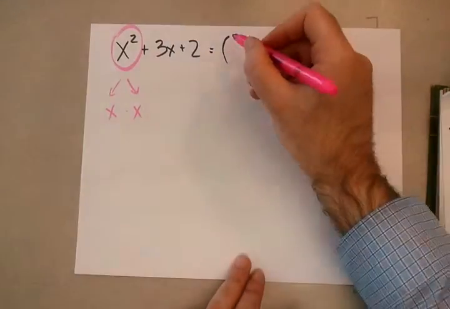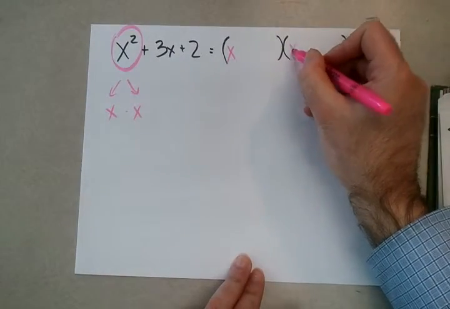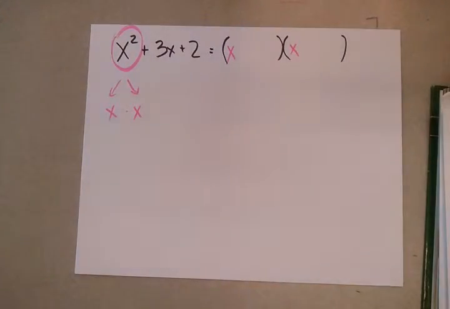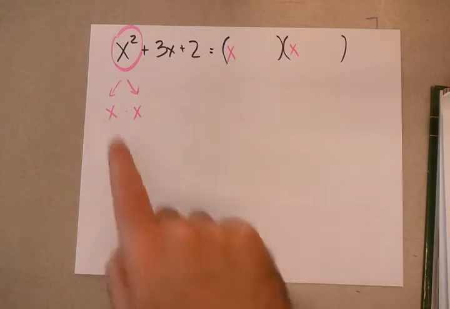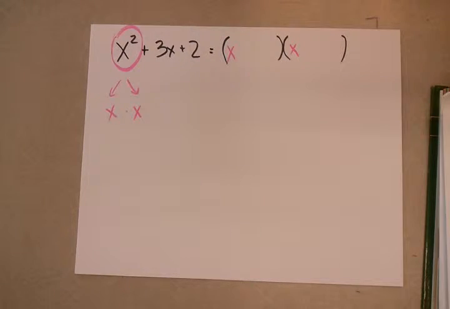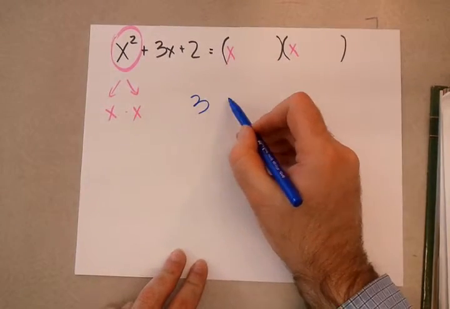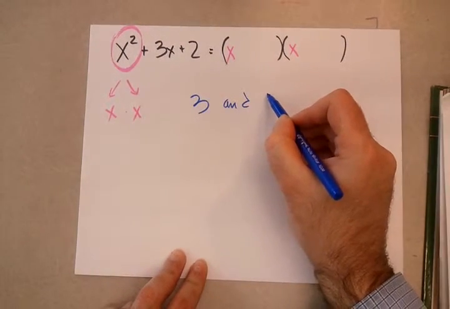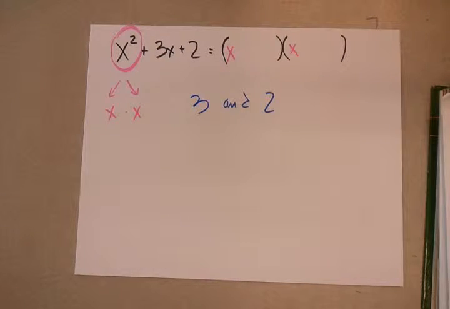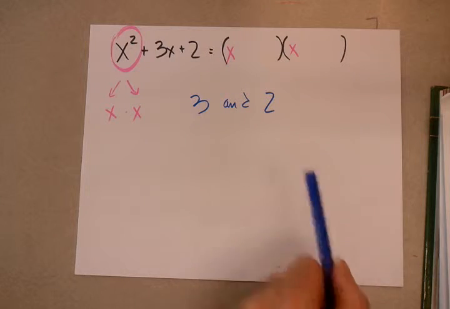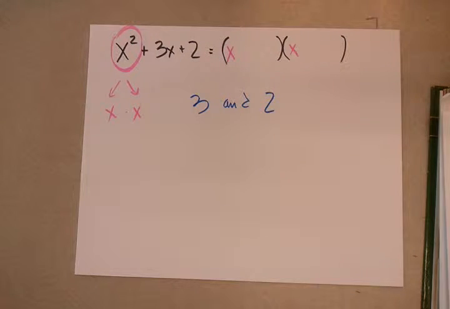Terrific. So right over here, I'm going to write x and x in the first position of the FOIL method. It makes sense: if x times x gives you x squared, that should be your answer. Now we're going to look at the other two numbers, 3 and 2. For the second half of the factoring problem, you're going to come up with two numbers that add up to 3 and multiply to a product of 2.